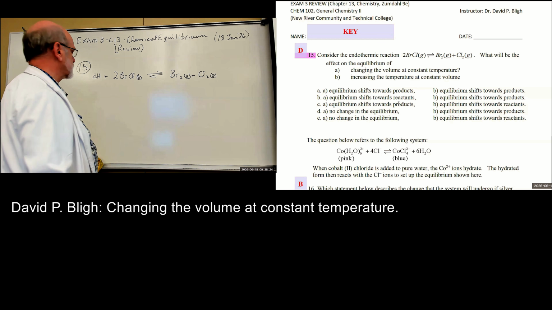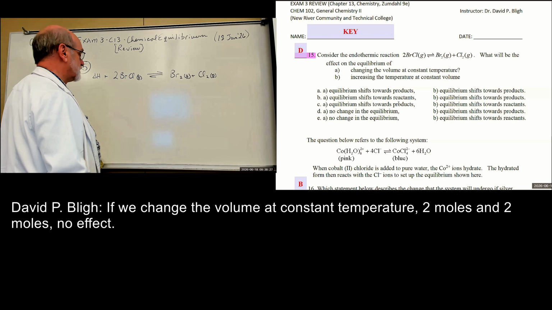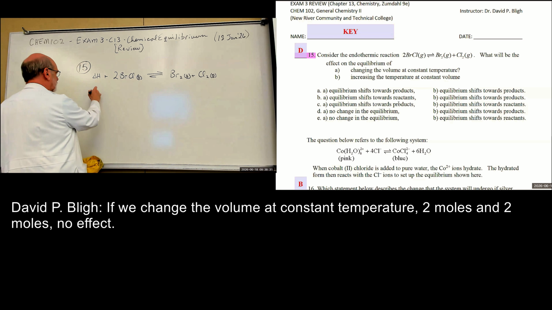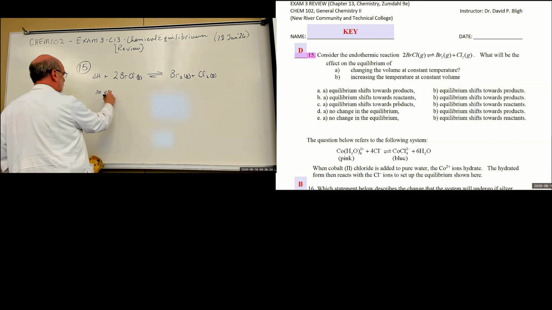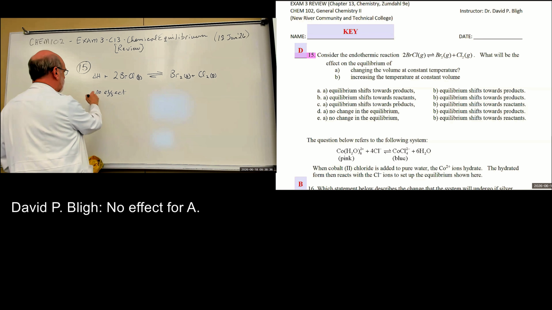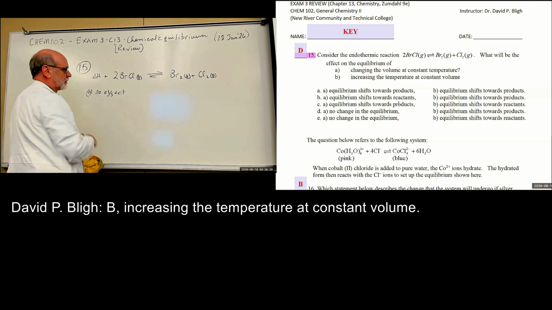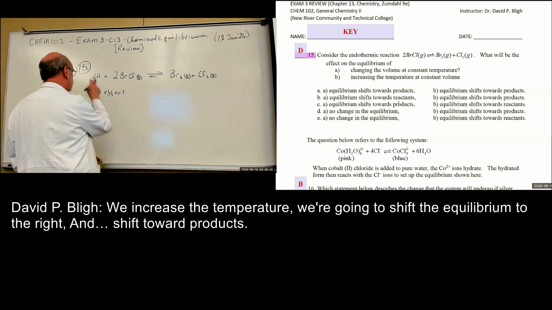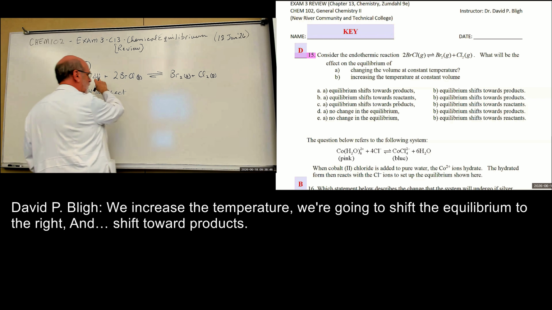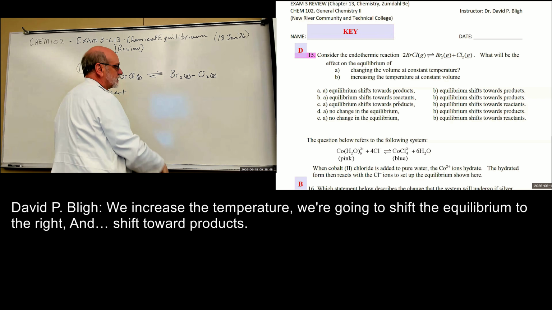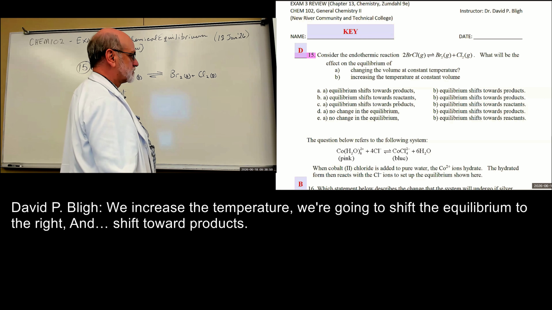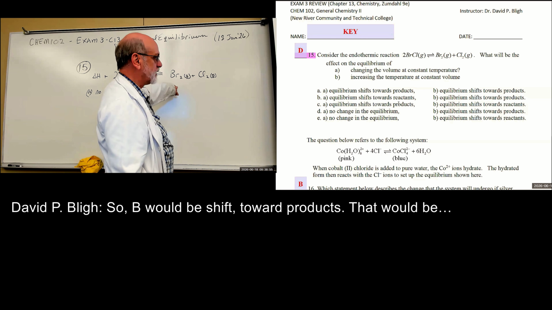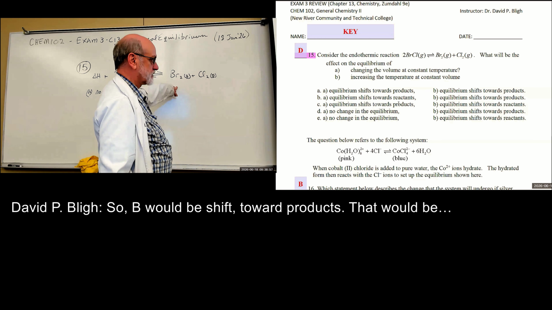Changing the volume at constant temperature. If we change the volume at constant temperature, 2 moles and 2 moles, no effect. No effect for A. B, increasing the temperature at constant volume. If we increase the temperature, we're going to shift the equilibrium to the right and shift toward products. So B would be shift toward products.